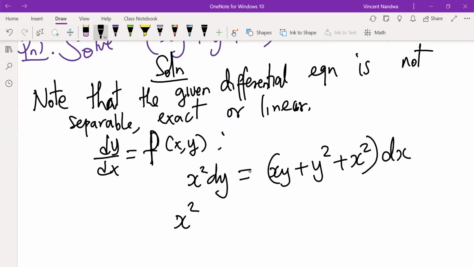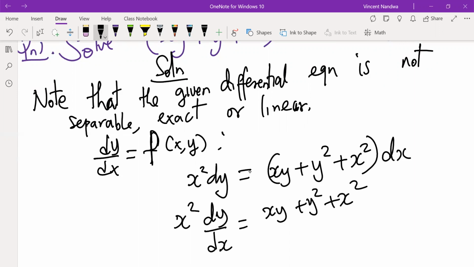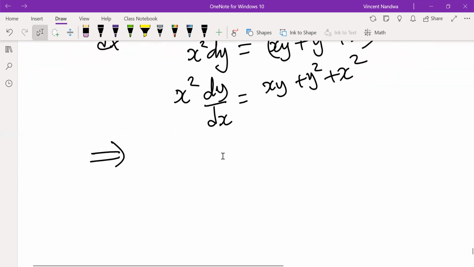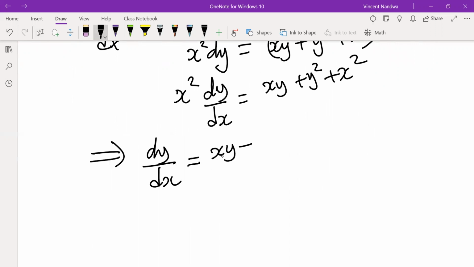So x squared dy/dx equals xy plus y squared plus x squared, which implies that when you make dy/dx the subject, you get (xy plus y squared plus x squared) divided by x squared.